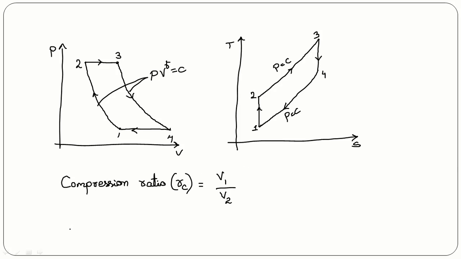Now let us go for another ratio called pressure ratio. So pressure ratio in this particular case is the maximum pressure, that is P2, by the minimum pressure, P1, or you can also write this as P3 by P4, because process 2 to 3 is a constant pressure process, and at the same time process 4 to 1 is also a constant pressure process. So in this particular case, this pressure ratio plays a very important role.